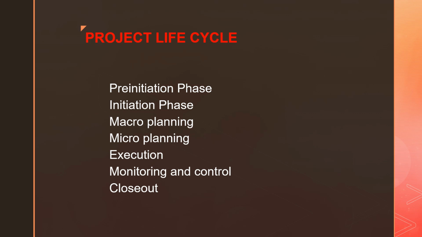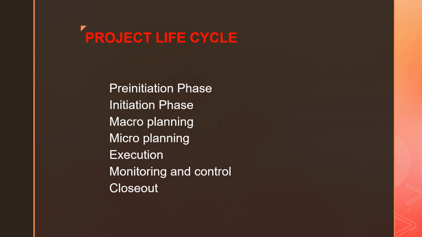And the other way around, the macro plan aspects like timeline development, activity mapping, implementation strategy, resource planning, etc., are the outputs of the macro plan or the macro planning phase.